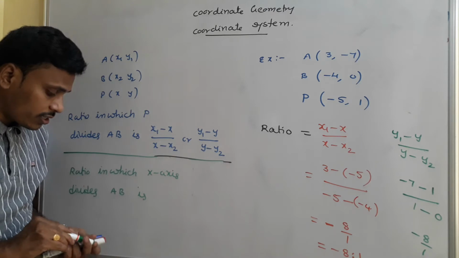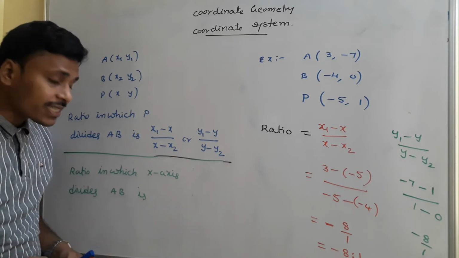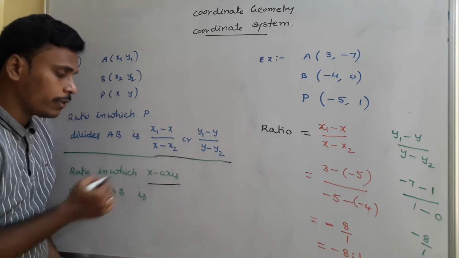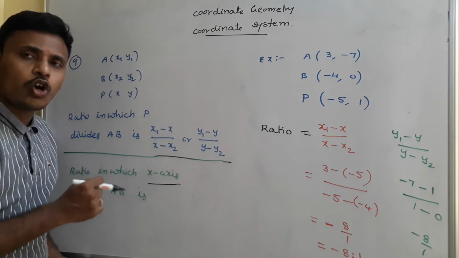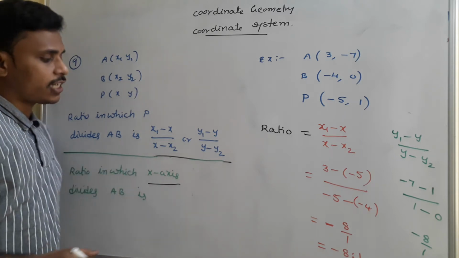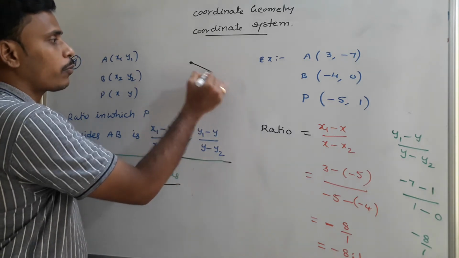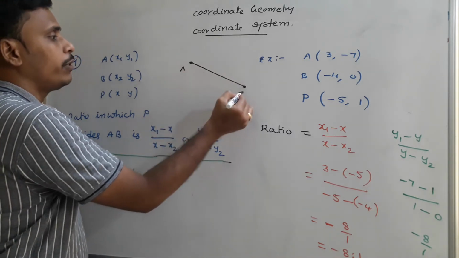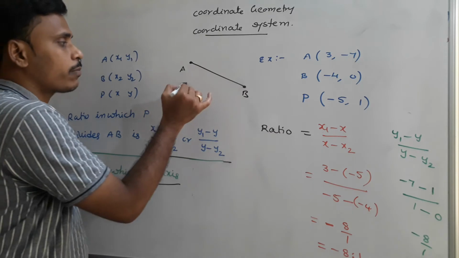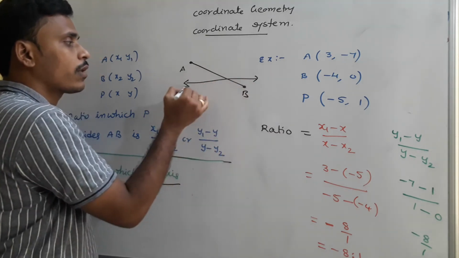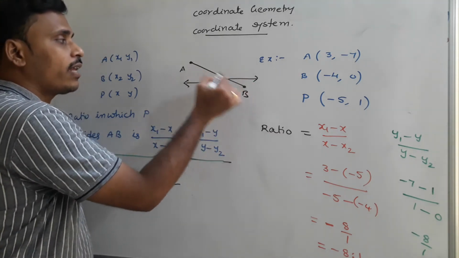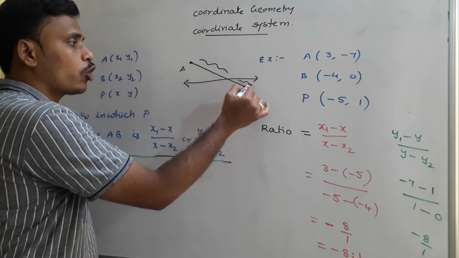But here the question is saying that x-axis is dividing the line segment AB. X-axis dividing the line segment AB means the diagram may be like this. Suppose this is the line segment AB and this is the x-axis. So this x-axis is dividing line segment AB in a particular ratio.